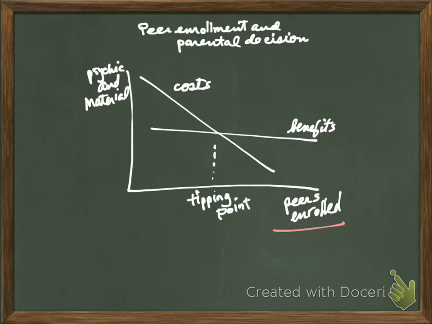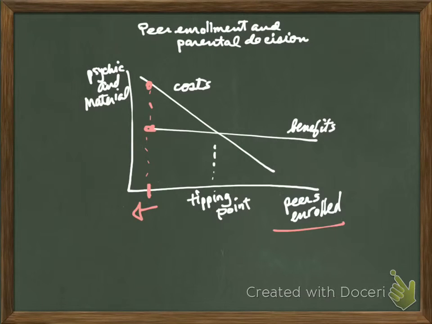So imagine that here on the x-axis we have peers enrolled, and we imagine a situation where very few girls are enrolled in school. If that's the case, then the cost to the parent of sending their own daughter to school might be very high because they'll be ostracized or ridiculed, whereas the benefits to schooling may just be here. So the costs are exceeding the benefits, and so parents decide not to send their children to school. So that equilibrium then remains in some sense a stable equilibrium with very low levels of schooling, or maybe even moves back and fewer girls go to school.